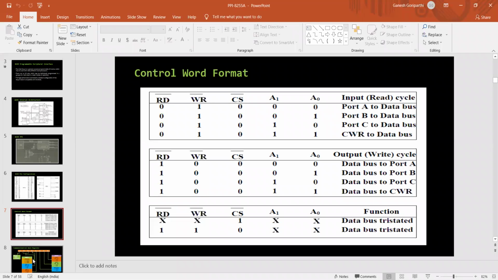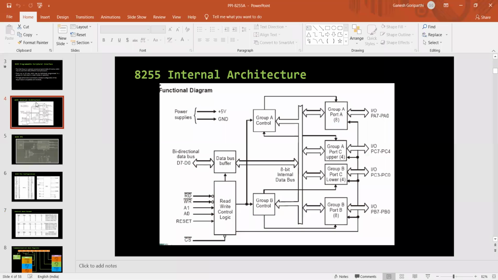This is how we write the control word. If you go back to the architecture, you all should keep this in mind. The control signals for these ports are supplied from the read write control logic.